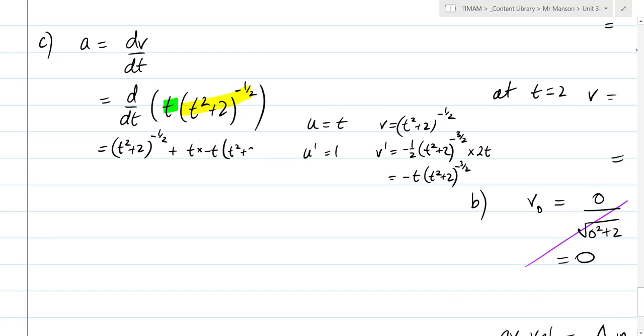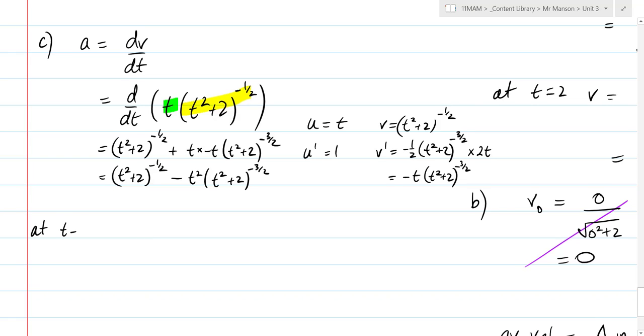And at time equals 2, a is equal to 2 squared plus 2 to the power of negative a half, minus 2 squared times 2 squared plus 2 to the power of negative 3 over 2.